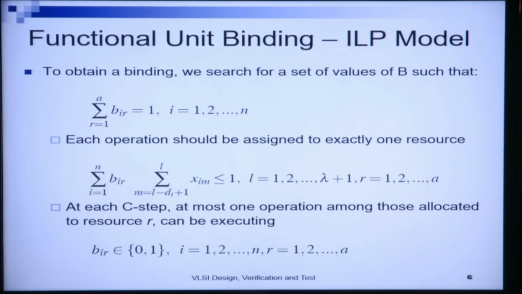And when will operation i be executing at time step l? If it has started at most d_i time steps earlier than l. If it has started even earlier than d_i time steps from l, then it has already finished.